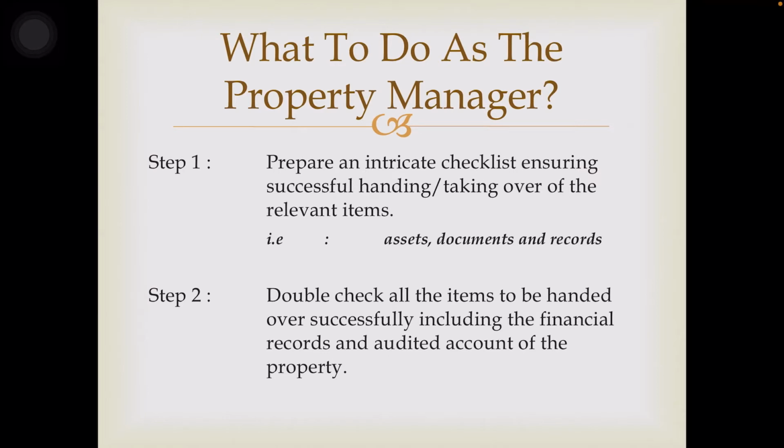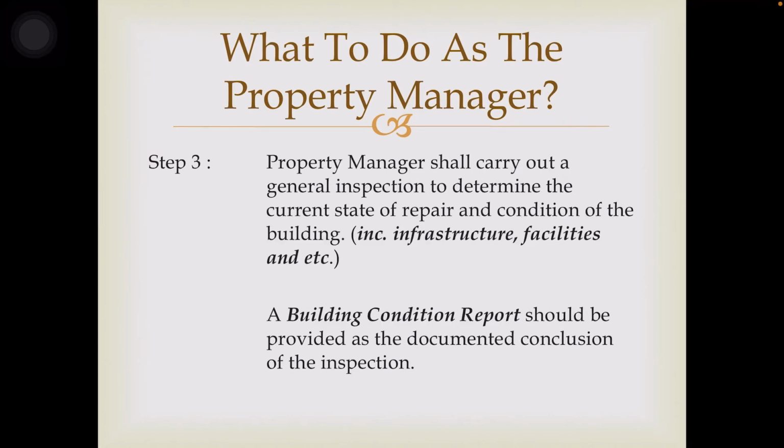Now, step 2 is related to step 1, which is the property manager needs to double check all the items to be handed over successfully, including the financial records and audited account of the property. That's very simple, right? I hope you can catch up to me. Now, step 3, the property manager shall carry out a general inspection to determine the current state of repair and condition of the building.